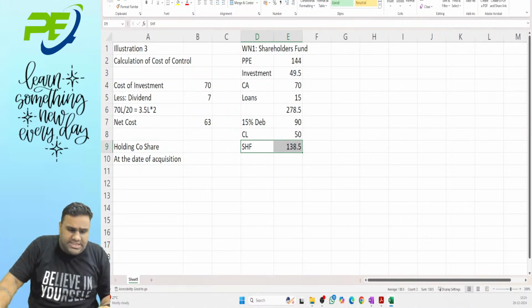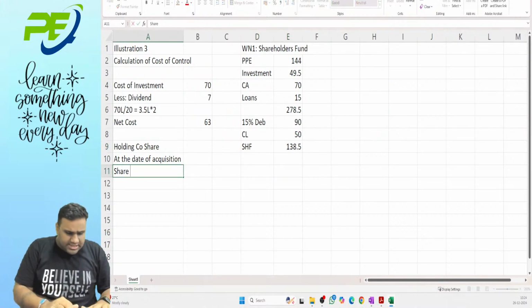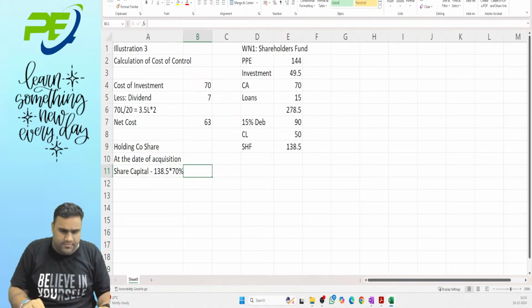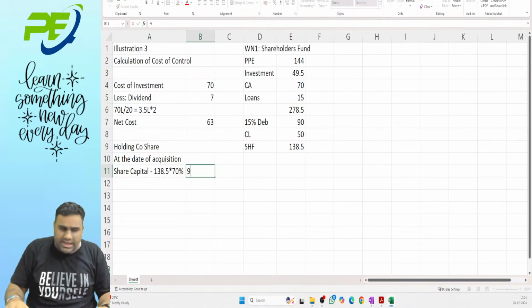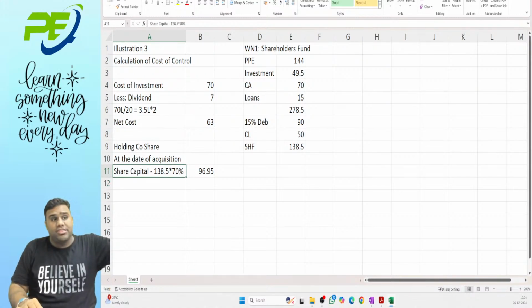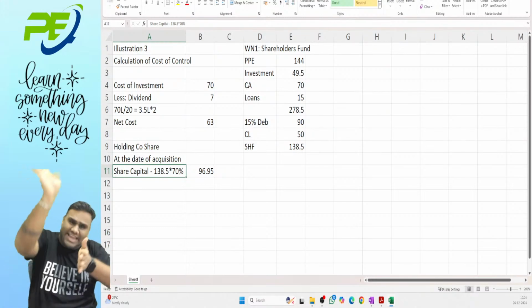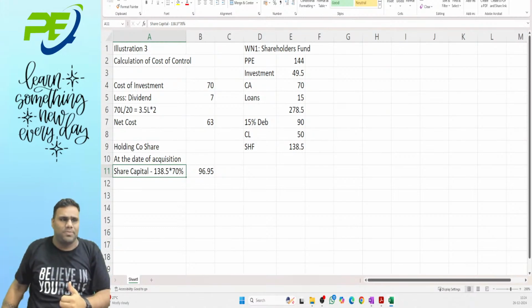So holding company share at the date of acquisition: 138.5 into 70%, 96.95. Now here, should we take reserves and surplus or should we not take? Shareholders fund includes reserves and surplus.